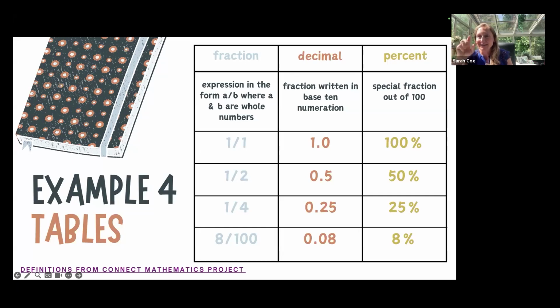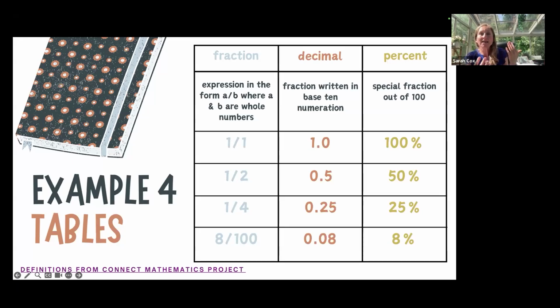And then, I'm sorry, our pictures are covering my percents, so I'm not going to be word for word here, but I believe it says something about it being a special fraction that is out of 100, or a ratio that is out of 100, because percents are that fraction comparing our quantity out of a possible 100.